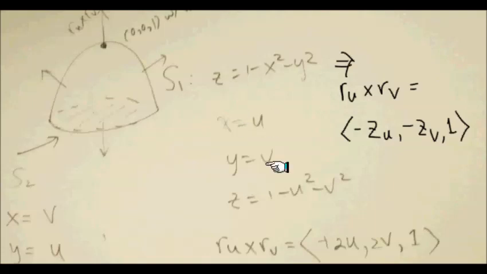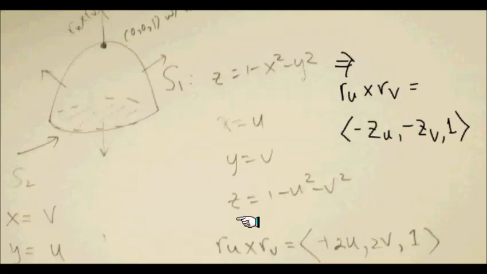So if you parameterize x and y with u and v, and we have this parametric equation, if you go through this r_u cross r_v, it turns out it's always this. If you differentiate this one with respect to u, it's negative 2u, and there's a negative, so it's 2u, and then 2v, and then it's 1.